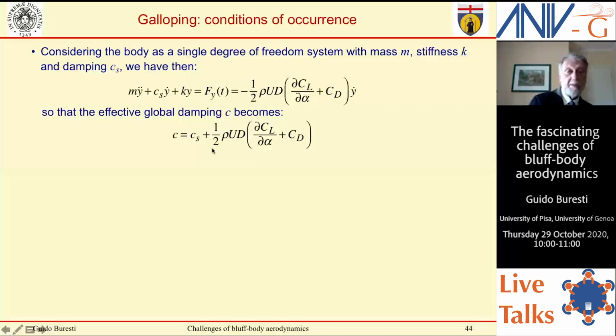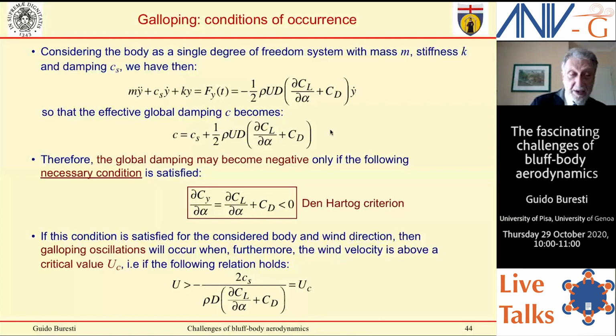The necessary condition for the global damping to become negative is that this term becomes negative. This is called the Den Hartog criterion. If this happens, then you get a critical velocity above which the damping becomes negative. So you have a very bad situation.